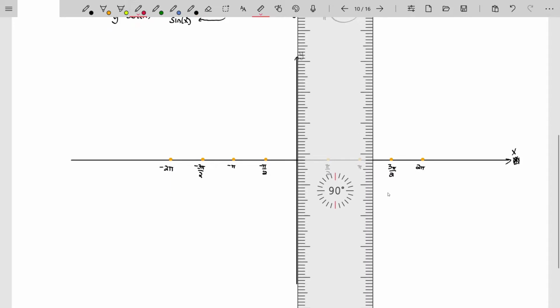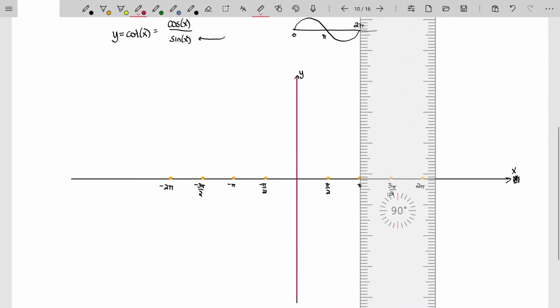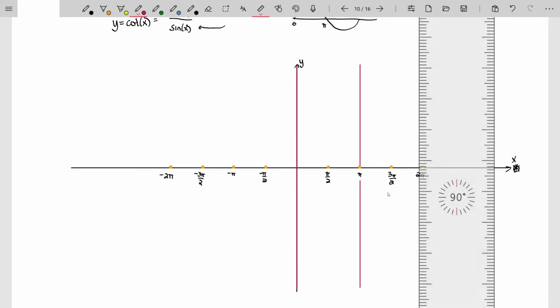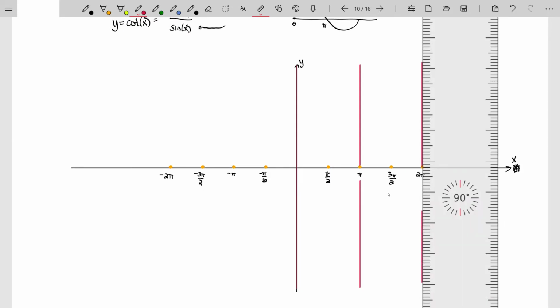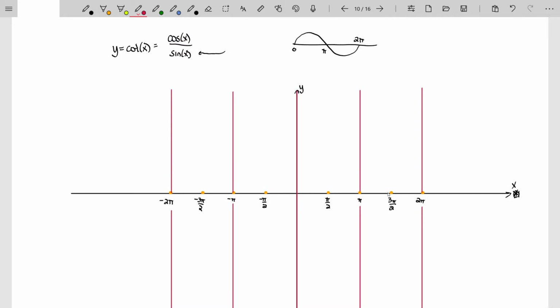That's 0 pi. 1 pi will be another vertical asymptote. And then 2 pi is another vertical asymptote, and so on and so forth down the line. So we get the behavior of the asymptotes just from the fact that the sine function crosses the x-axis, or becomes 0, at any integer multiple of pi.